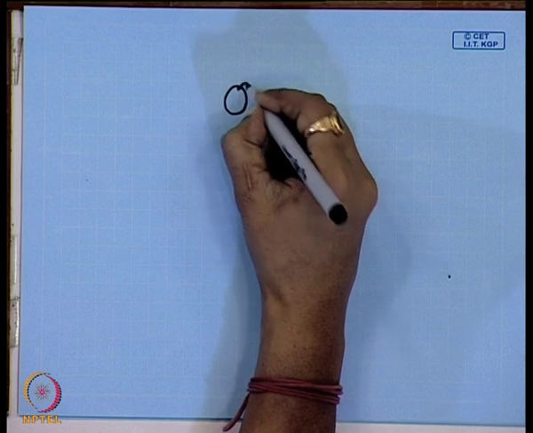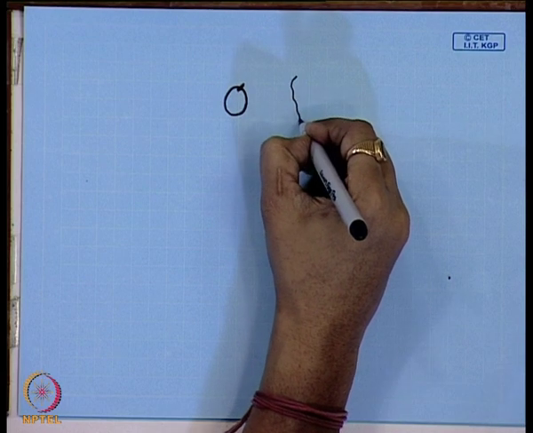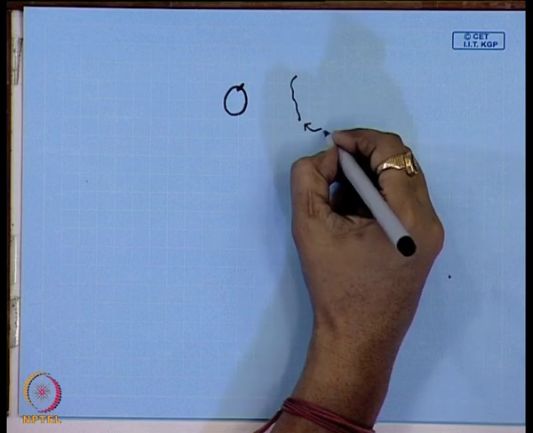That means this is the circular DNA. When we cut it, this circular DNA becomes linear, and then we insert the gene of our interest.